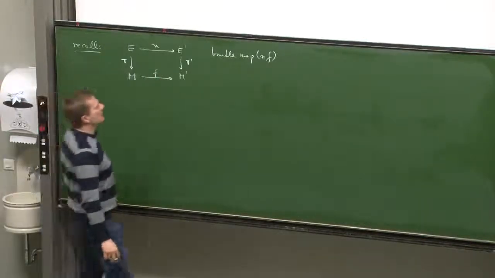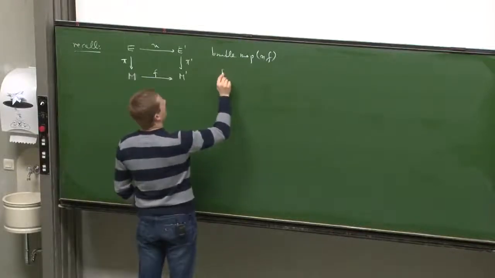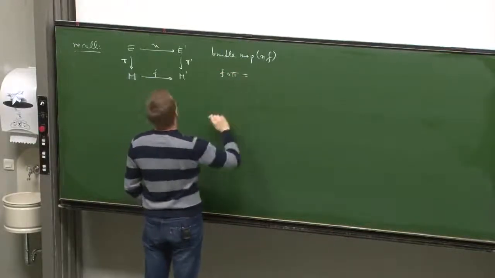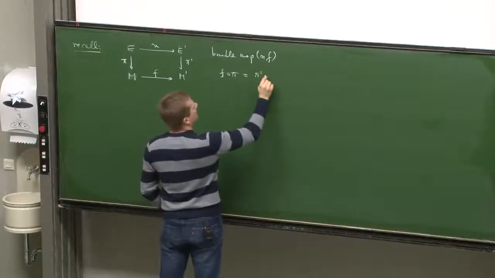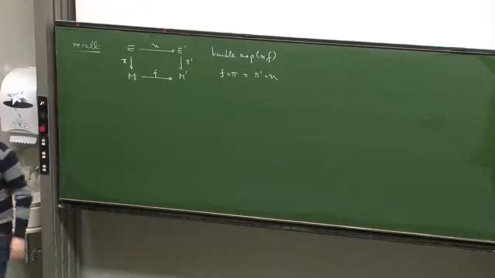And we call this a bundle map if f after pi was pi prime after u, or in other words, if this diagram commutes.